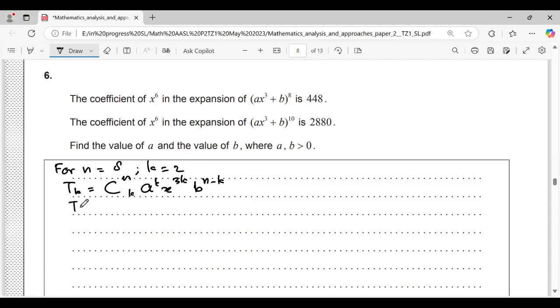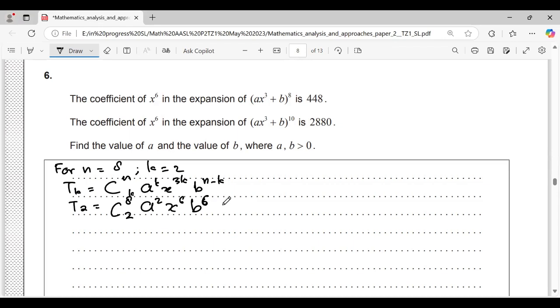And for T2, because k equals 2, the combination times a squared, then x cubed to the power 2 gives x power 6. It means b power 8 minus 2, so it is 6 as well.